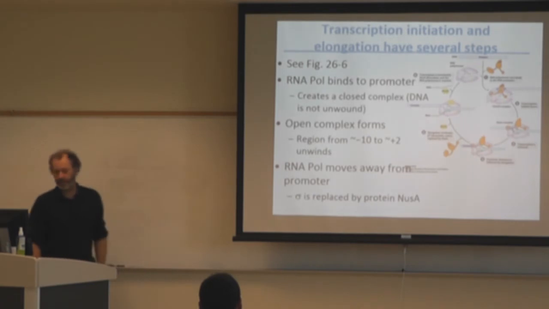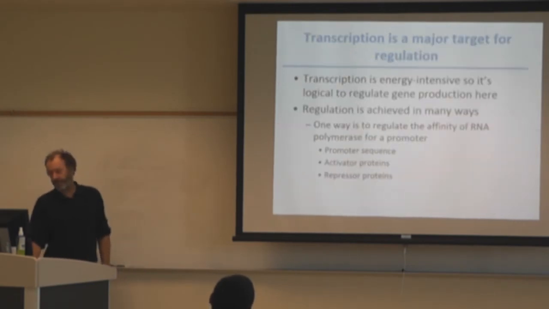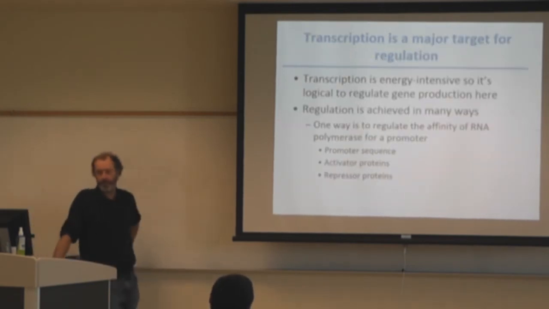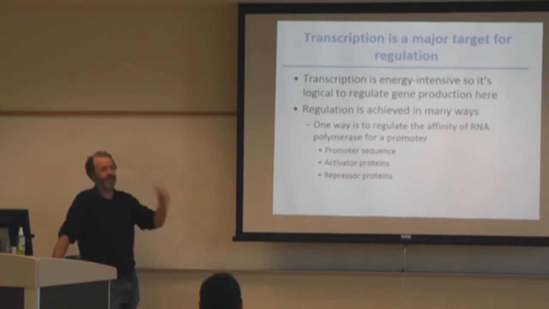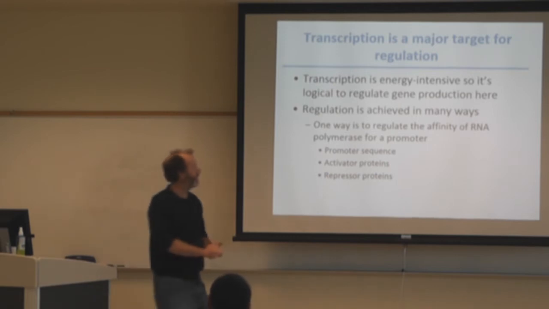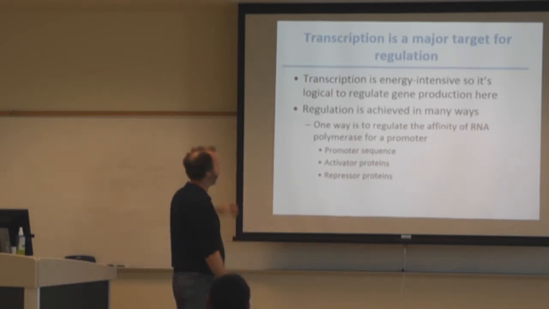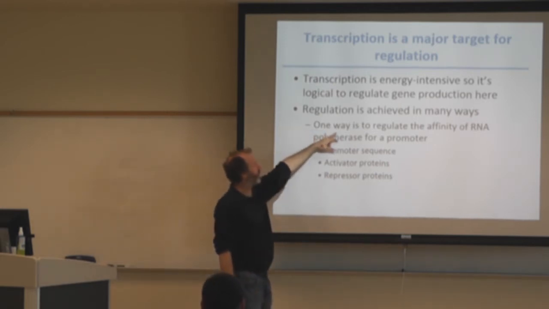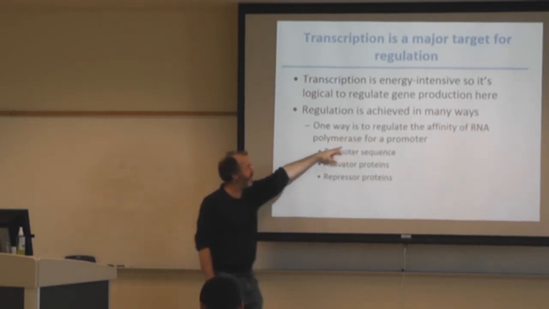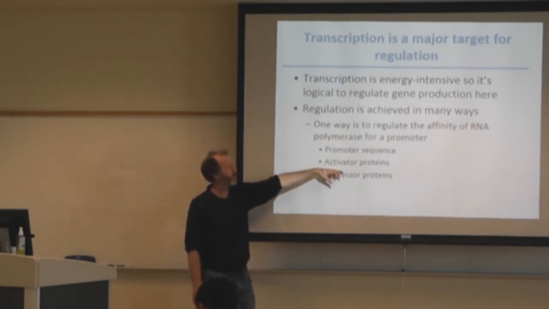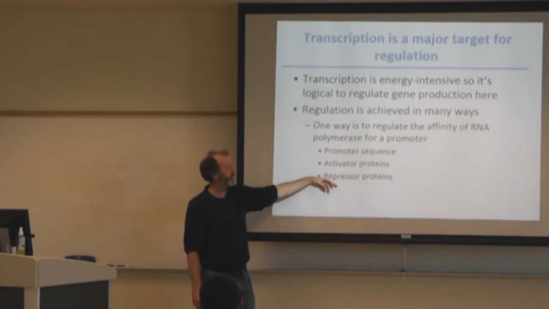But we got different types of termination also. Transcription is a major target for regulation because you're using nucleotide triphosphates for each base that you add, so that's energy intensive to make a new RNA molecule. Regulation is achieved in many ways. One way is to regulate the affinity of RNA polymerase for a promoter. That has to do with the promoter sequence.